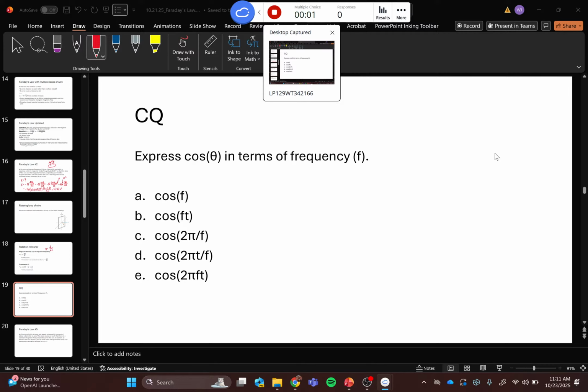Use the equations written on the last slide. And specifically, we went into the frequency and time. You can hopefully tell that all these have time in it, except the first one.